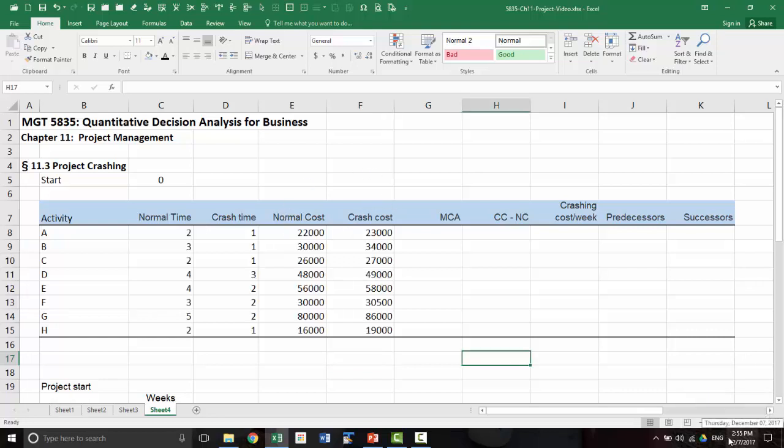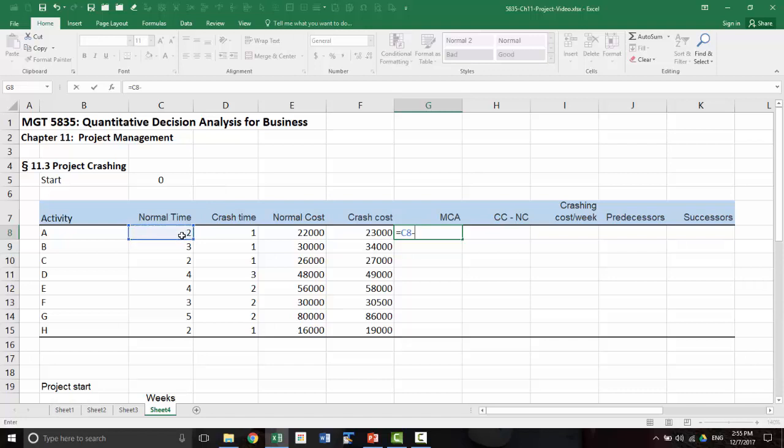Once we have that, we can compute maximum crashing allowed. I'm using the terminology MCA to stand for maximum crashing allowed. How much is the maximum allowed? Normal time minus crash time will give you the maximum crashing that is possible.